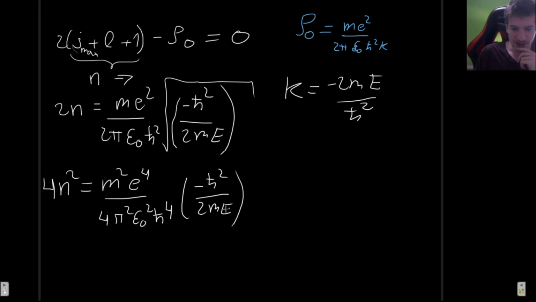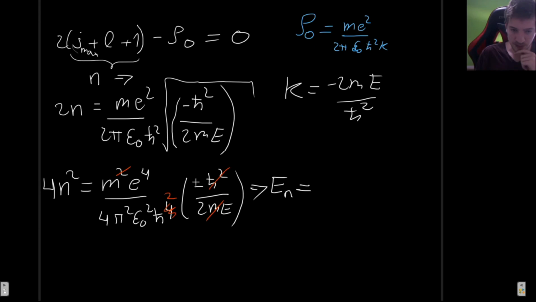So now let us solve for e. So multiply by e, divide by this. So we get that the energy that's actually going to depend on this number n, so we can write it as e sub n. Let's take a look at this. So m squared, this square will cancel out this m. H bar squared here will cancel out this 4, so we get h bar squared. And okay, yeah, that's about it, I think.